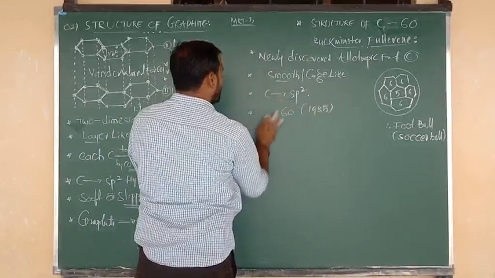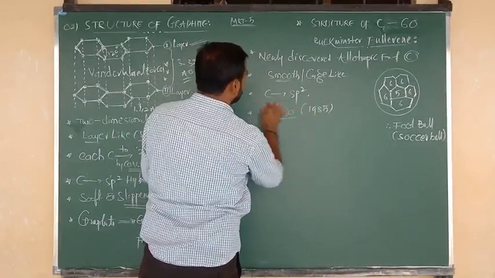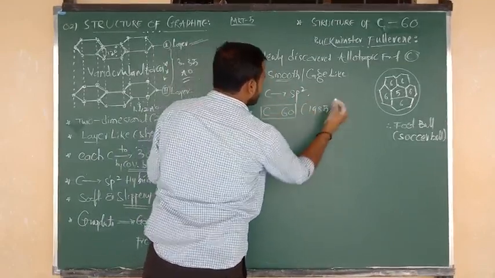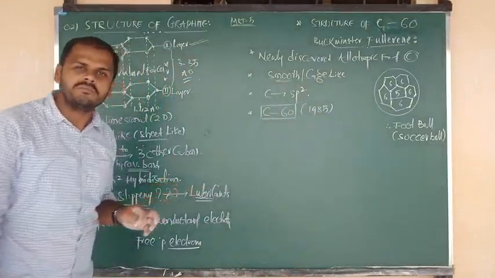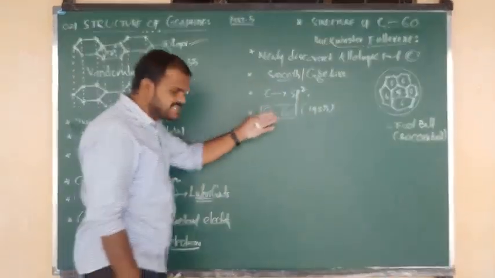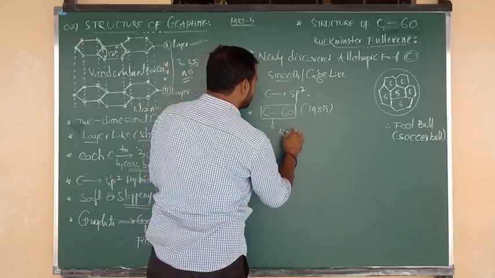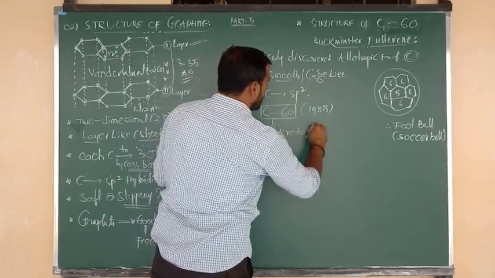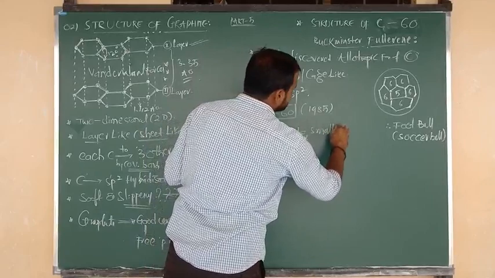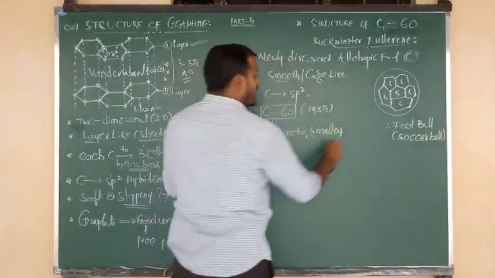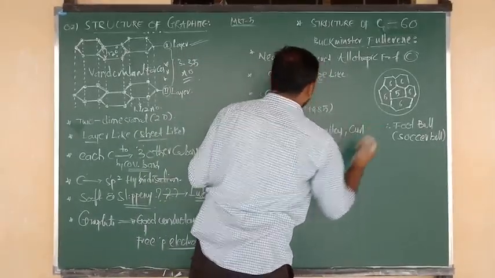So in which year was the C60 molecule discovered? 1985. And the C60 molecule was discovered by the scientists Kroto, and one more scientist, Smalley, and one more, Curl.